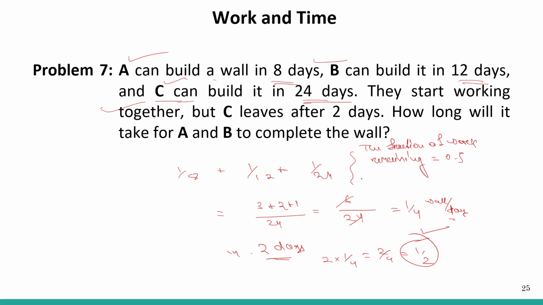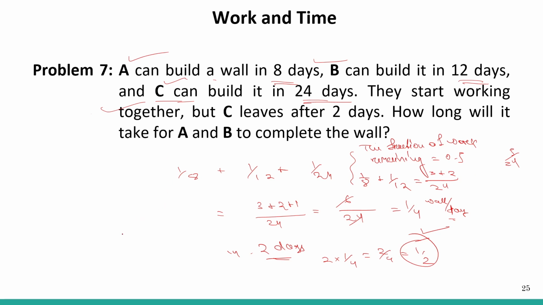After C left, what is the combined work rate? The combined work rate will be 1 by 8 plus 1 by 12, so over 24, 3 plus 2 is equal to 5 by 24. So 5 by 24 is the combined work rate.